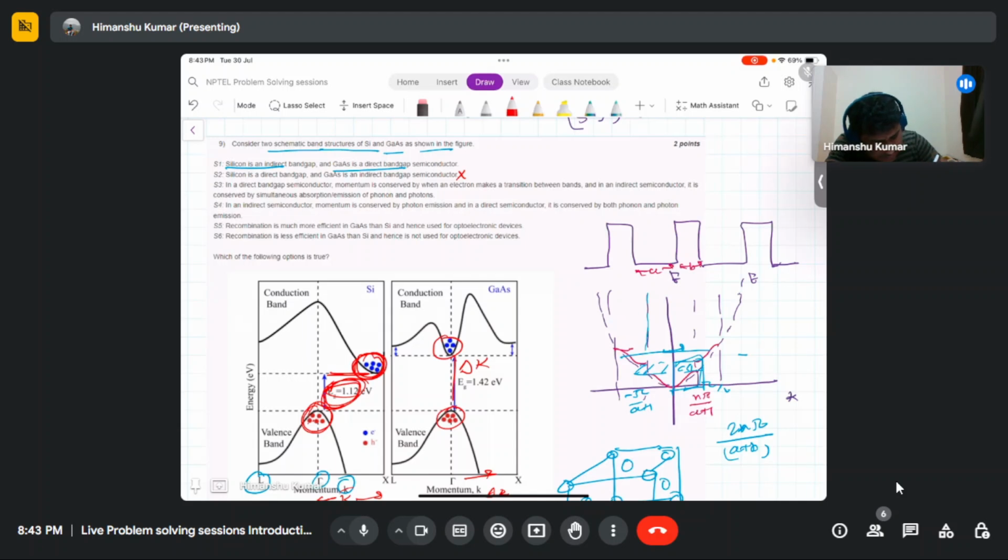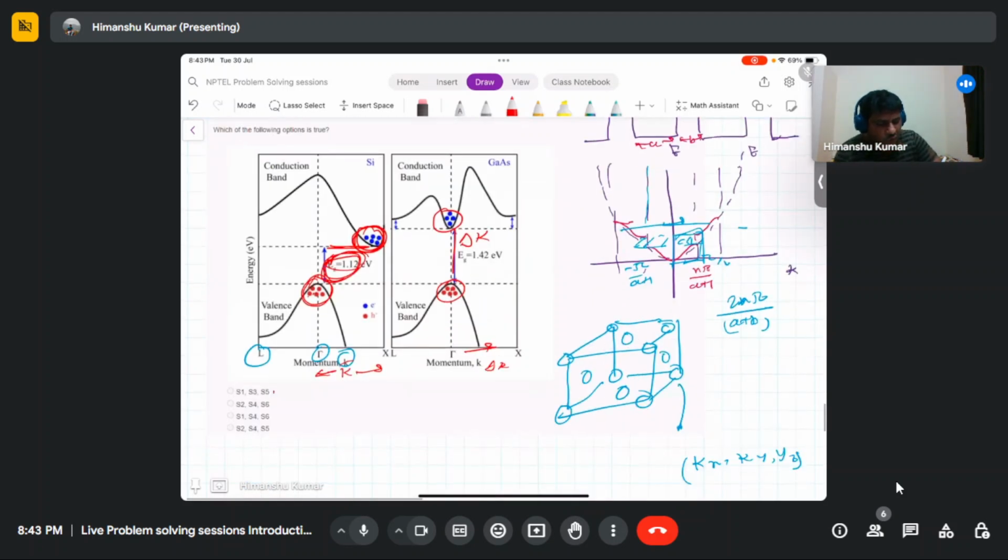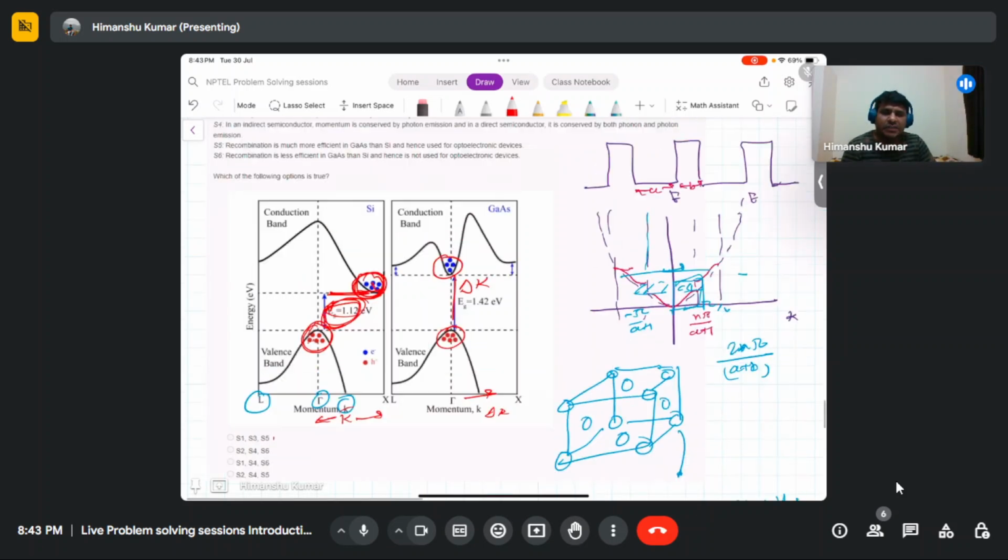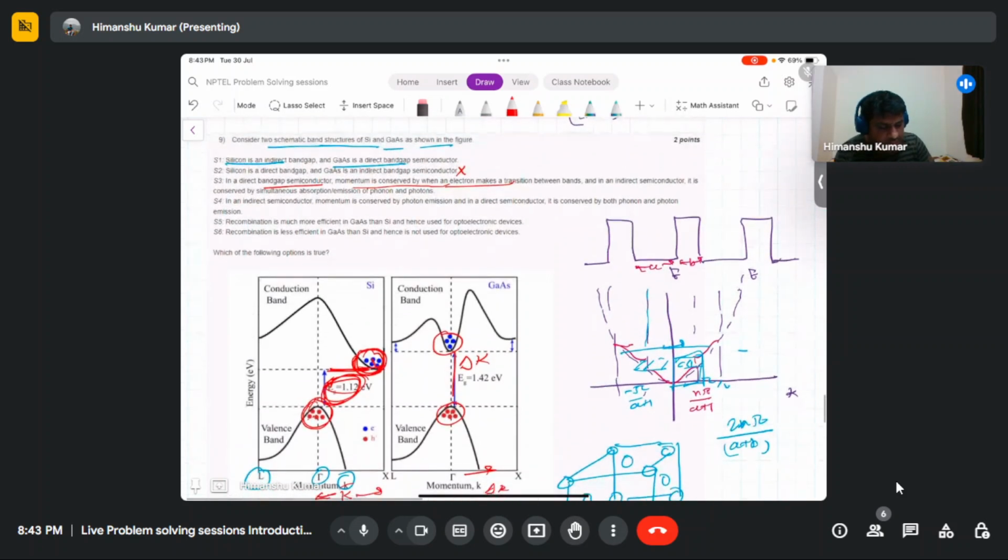In a direct band gap material, momentum is conserved when the electron makes a transition. The photon cannot provide the large change in momentum in the indirect case. This has to be provided by phonons, which are vibrations of the atoms or nuclei.